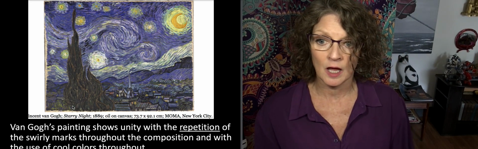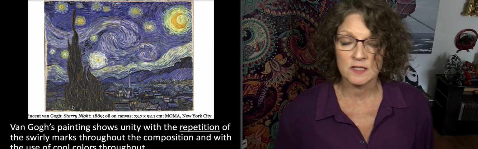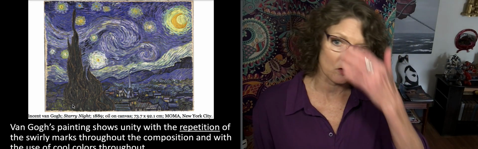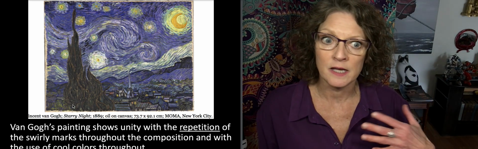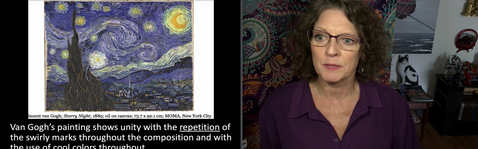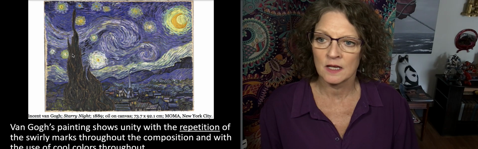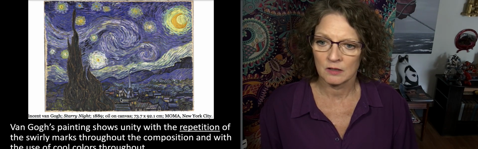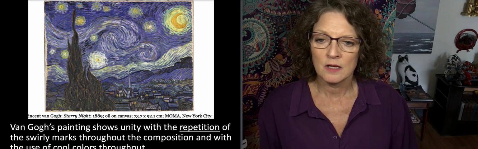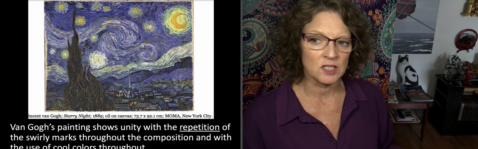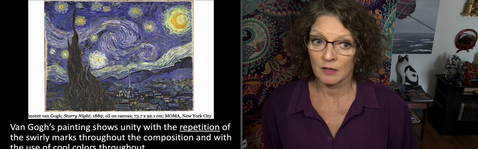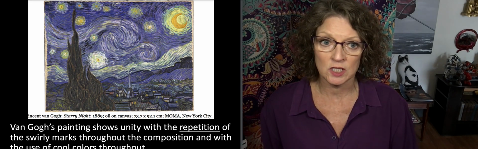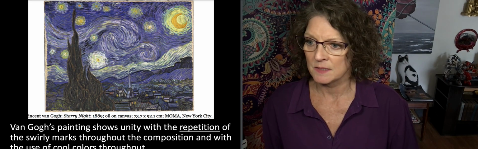Another item that you might not recognize right away, but it is registering in your mind as harmonious, is the repeated shape of this cypress tree here, repeated by the pointy shape of the spire on the church right here. So he's utilizing a lot of repetition as well as many other devices to achieve unity in this painting.